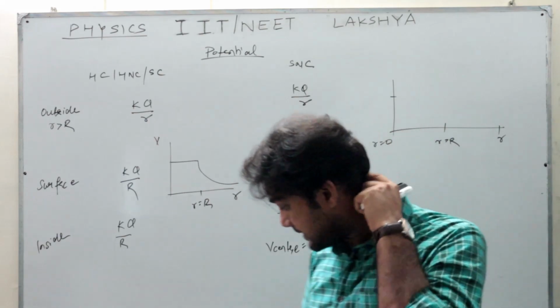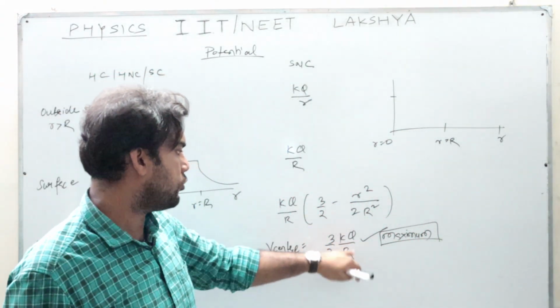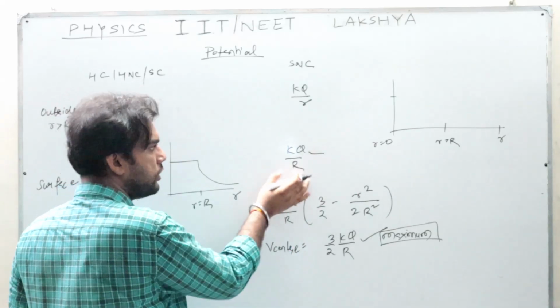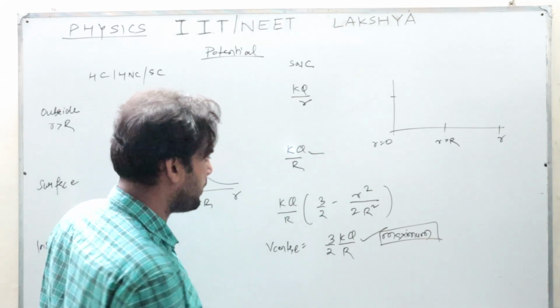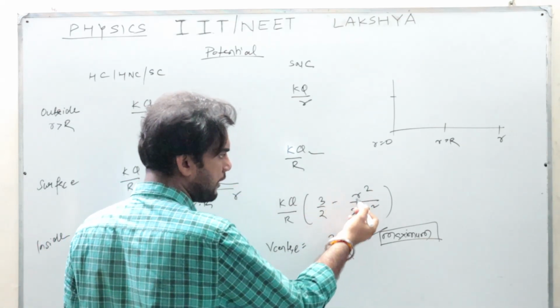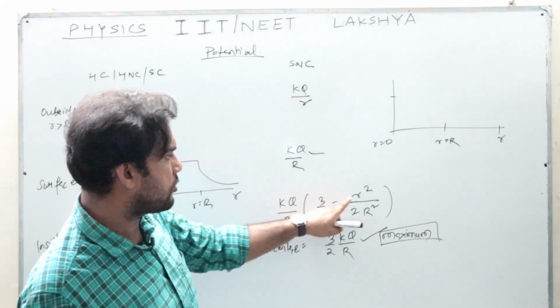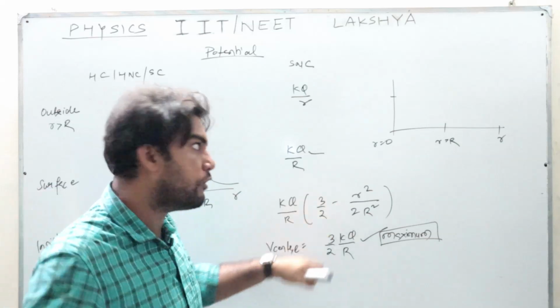Now here at the center, the potential is the maximum because it is 1.5 times KQ by R. At the surface it is only 1 times KQ by R, here it is 1.5 times, so this is the maximum. So the potential decreases, and here it is proportional to minus r square. So potential proportional to minus r square means a parabolic function, and minus means a downward parabola.